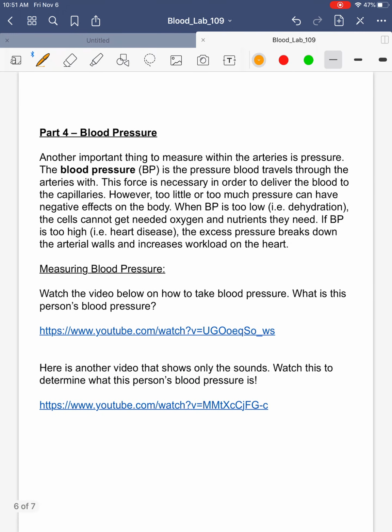And lastly, we have to talk about blood pressure. So in addition to the heart being able to pump out the appropriate amount of times, we also need the blood in those vessels to be at the appropriate pressure. Sometimes we want blood pressure to be high.